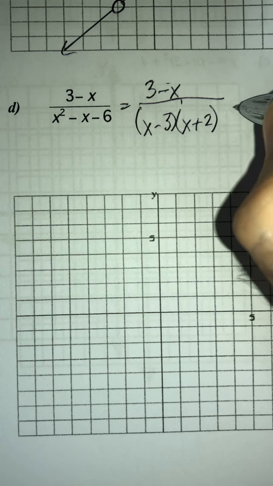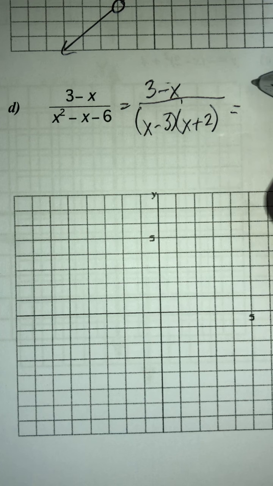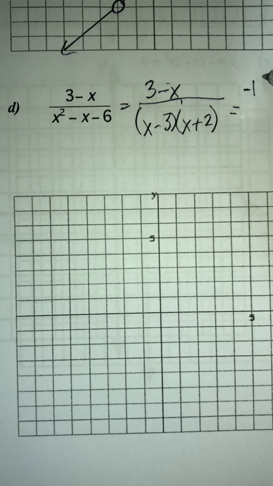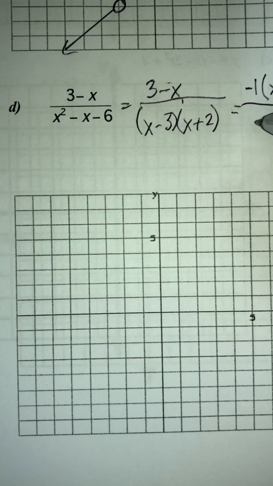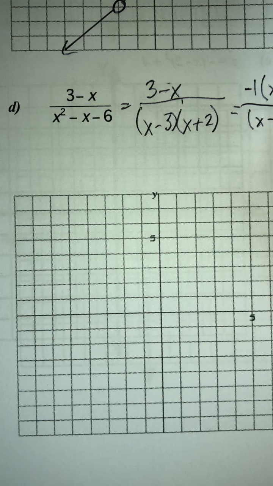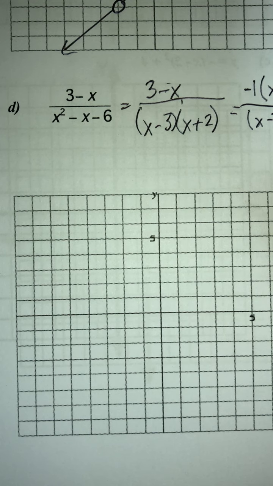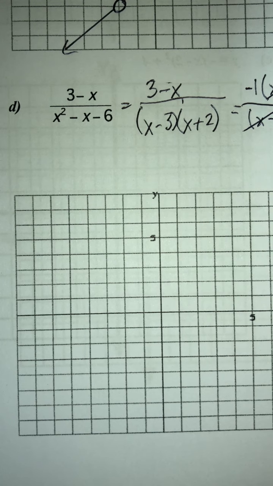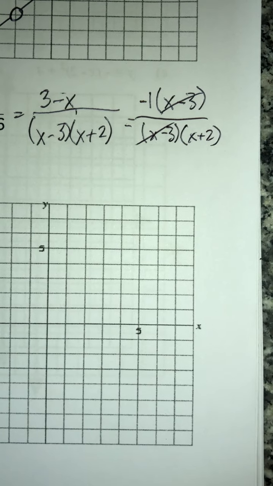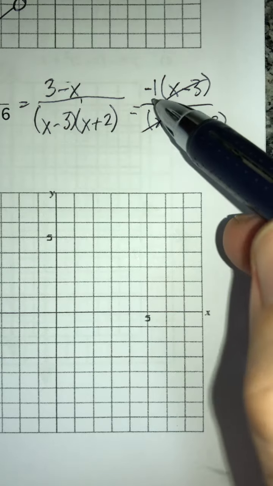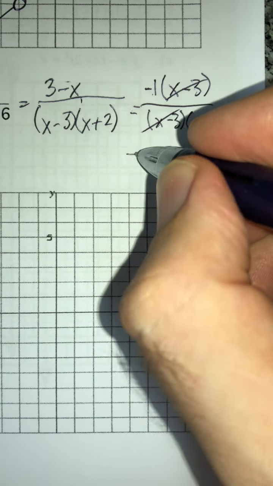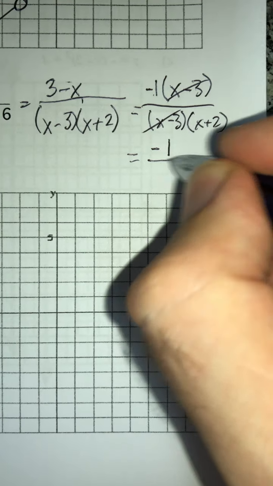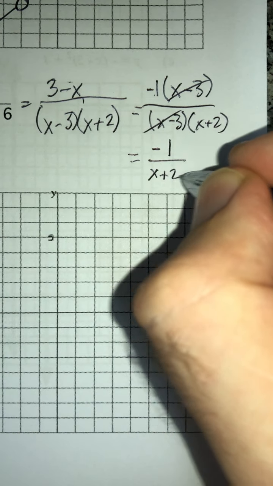And up at the top, what I can do is flip the signs of both of these and end up with a -1 and a positive x minus 3. This way I can cancel out one of the denominators here. Oops, sorry, you can't see that. There you go. So factored out the -1, I've got x minus 3 on the top and the bottom, cancel those out. I've got -1 over x plus 2.